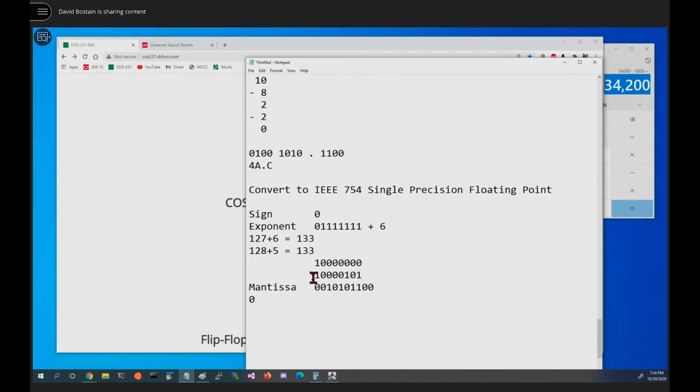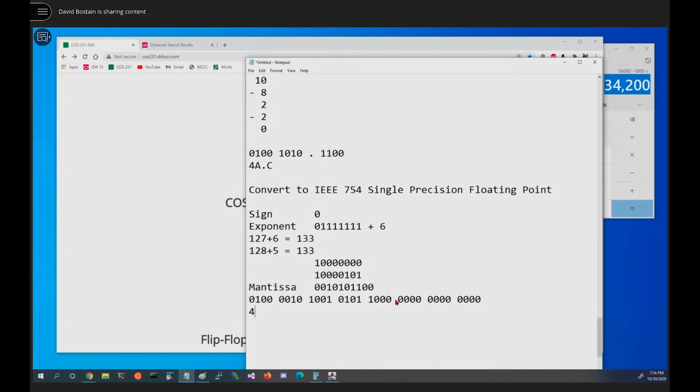Grab the 0, grab the exponent, grab the mantissa, and start breaking it up into chunks of 4. We need to add a 0 to this. And we have 1, 2, 3, 4, 5, 6, 7, 8. We need 8 nibbles.